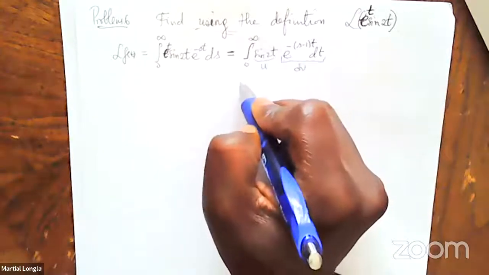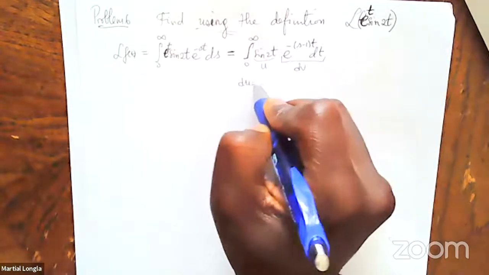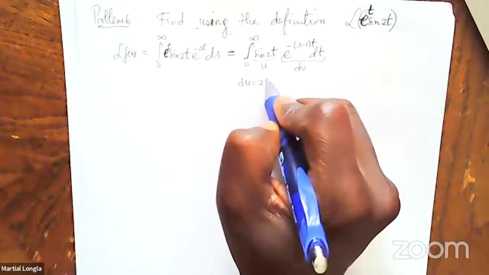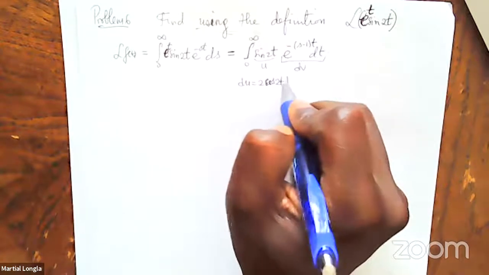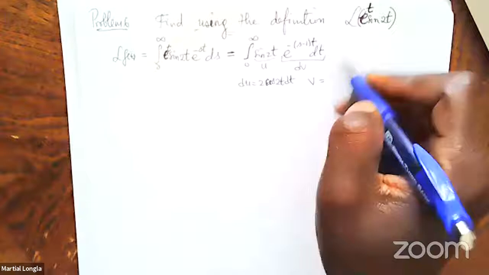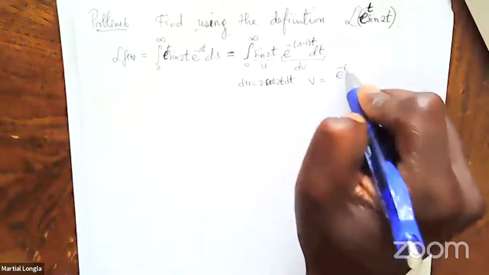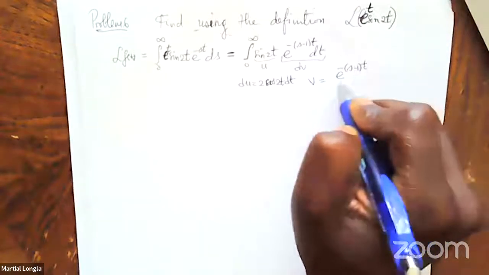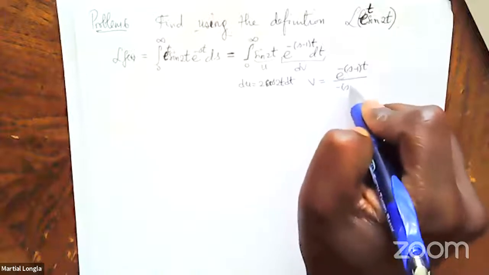And so du is going to be 2 cosine of 2t dt, and v is going to be e to negative s minus 1 t divided by negative s minus 1.